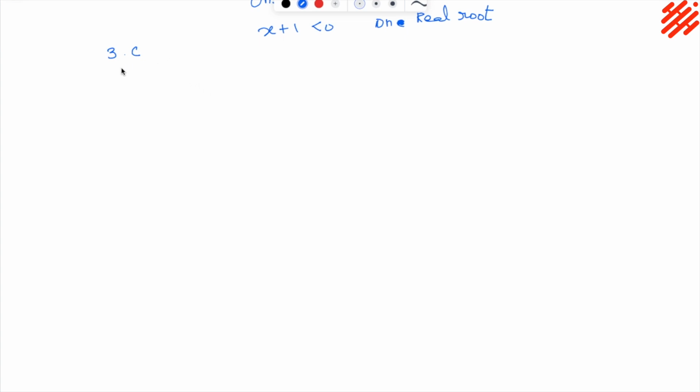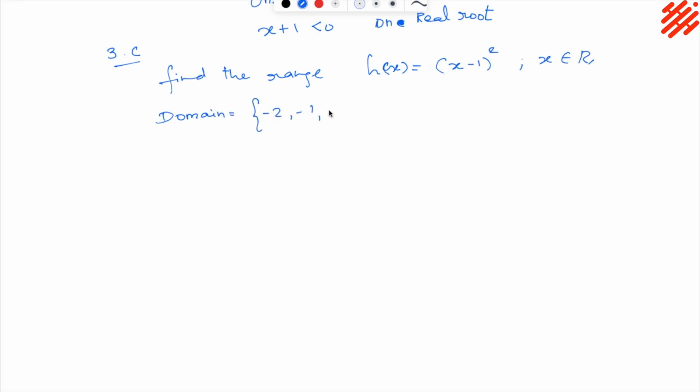So we need to find the range for h of x equals x minus 1 whole squared, where x belongs to the real numbers. For the range we need to assume a domain: -2, -1, 0, 1 and 2.